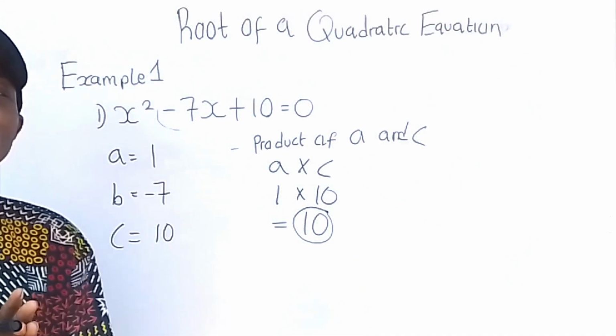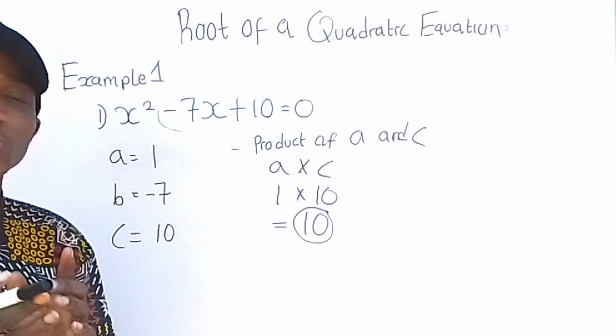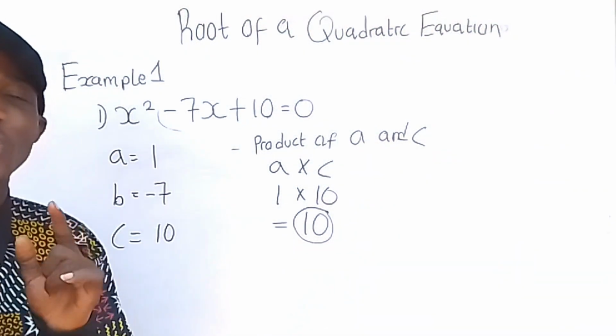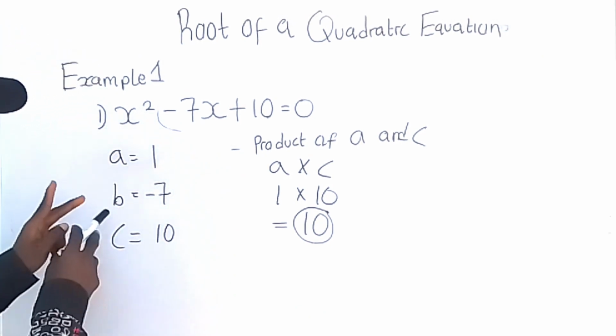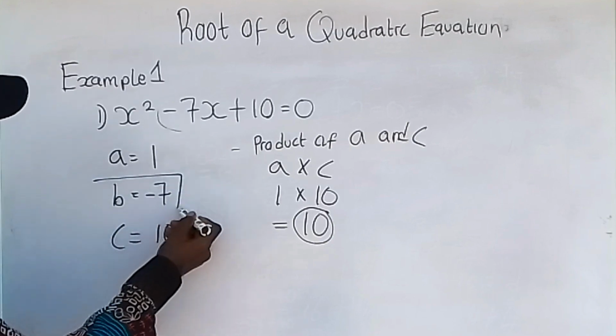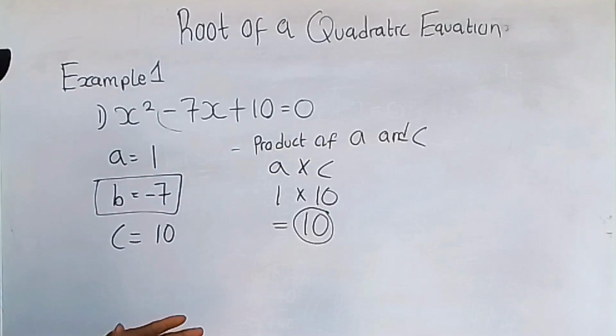After taking the product of a and c, the next step is to think of two numbers such that when you add these two numbers together, you are going to get b, and when you multiply these two numbers together, you are going to get 10.